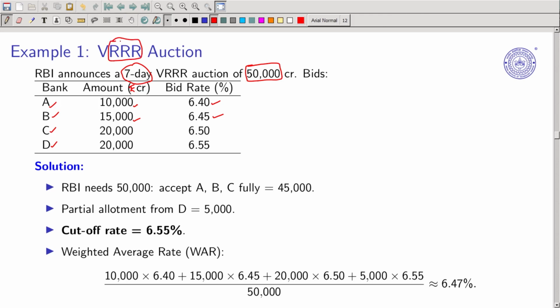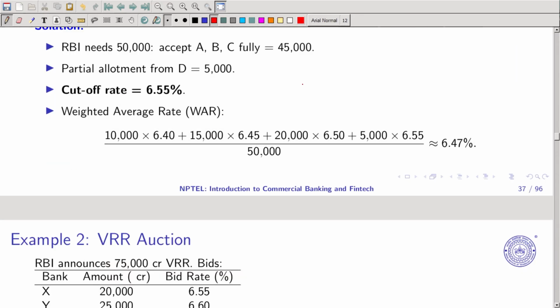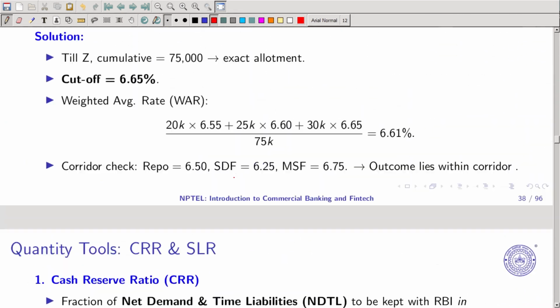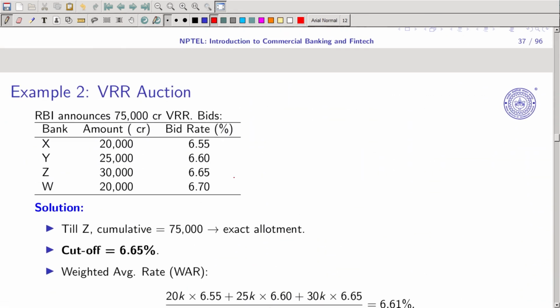Now you can see bank C is quoting 6.50, and bank D 6.55. Based on these bids, what is most likely? Since the auction amount is 50,000, A will get 10,000 easily, and B will get 15,000 easily.